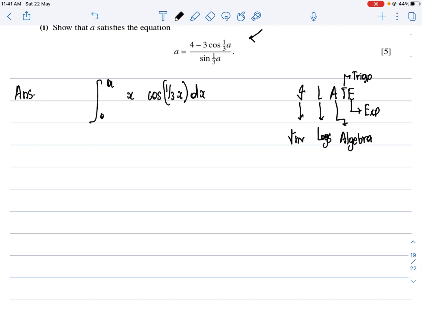If you see, x lies in algebra and cos 1 upon 3x lies in trigo. A comes before trigo, so I can take my u as x and my v dash as cos of 1 over 3x.